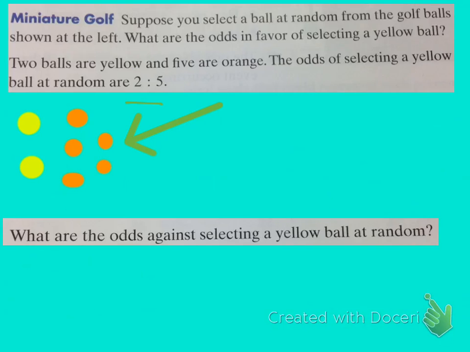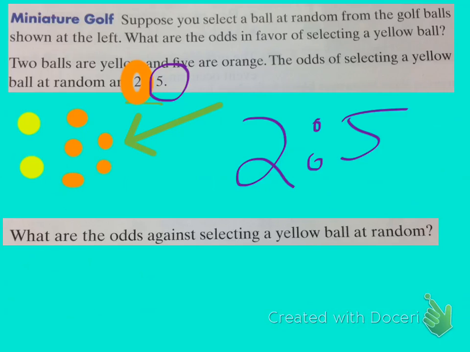Remember, in favor means the number of favorable outcomes first, which is 2 because we're looking for yellow, because there's 2 of them, and then the number of unfavorable, which is 5. So it's 2 to 5. The odds in favor.